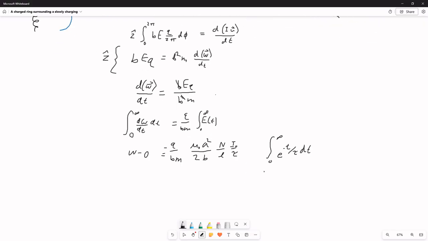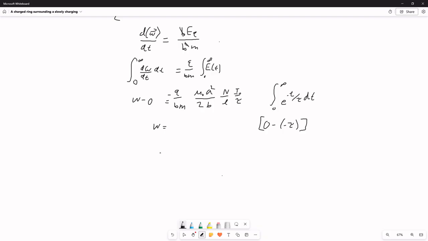After a quick integral on the left side and a copy and paste of E on the right side, I have this pretty simple exponential integral. Besides that, we have all of these constants, which I don't exactly want to write down right now. But this will just give us 0 minus, and then that's going to be negative tau. And just for completeness, I'll write out the final answer.